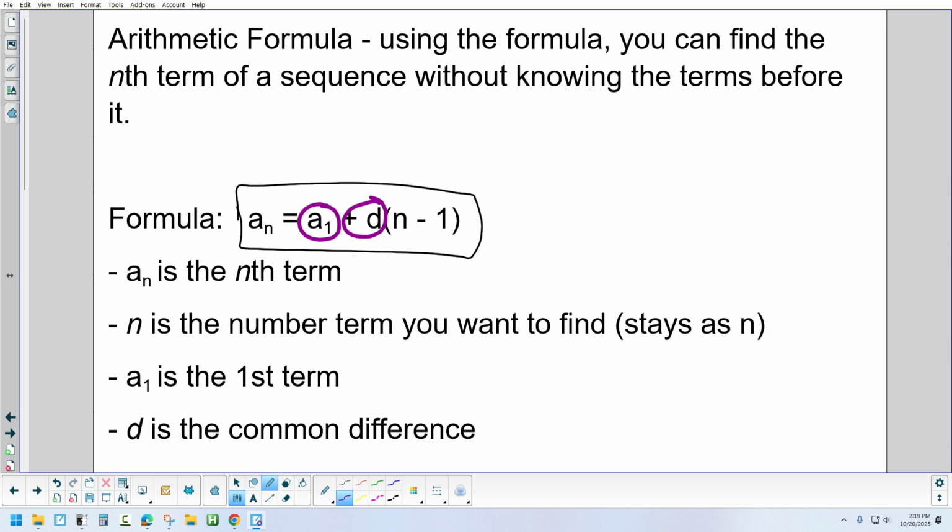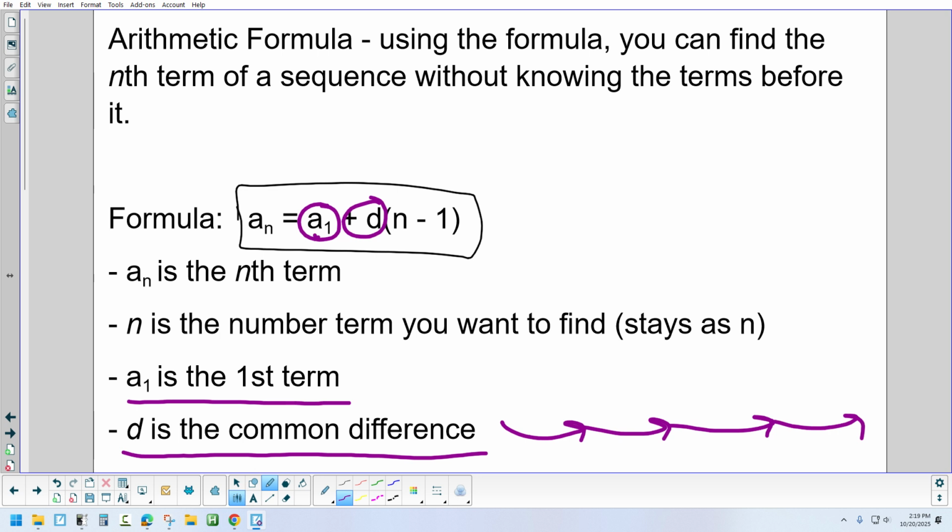All right. So A sub 1, that's how you read that, A sub 1. That is the first term in your pattern. So that's the first thing you got to know how to figure out. What's your first term? D is the common difference. That's what you're adding or subtracting each time as you move to the right.